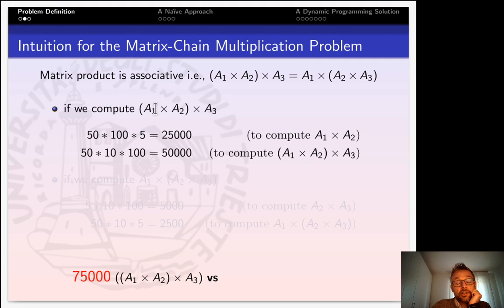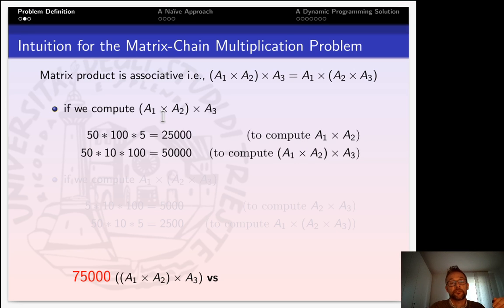Okay, so A1 times A2 is a matrix having 50 rows and 100 columns.